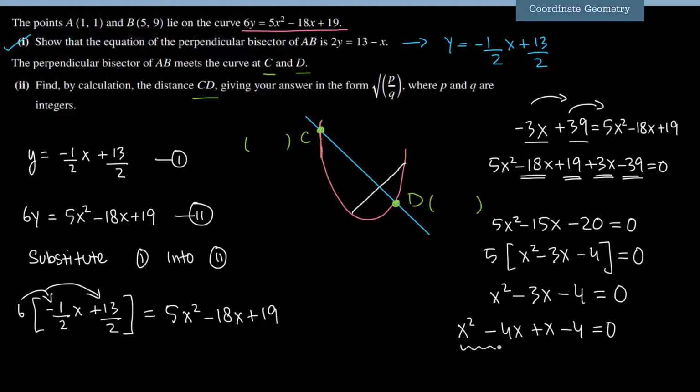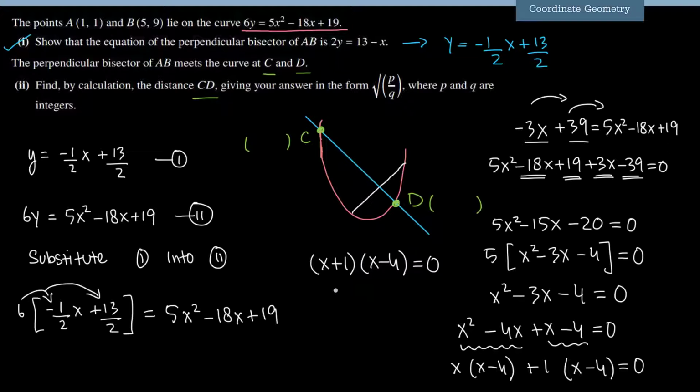In the first two terms, if I take x common, I'll get x times x minus 4. And in the last two terms, nothing is common, so I'll take 1 common, so x minus 4 is equal to 0. This gives me x plus 1 times x minus 4 is equal to 0. And that gives me x as minus 1 and x as 4.